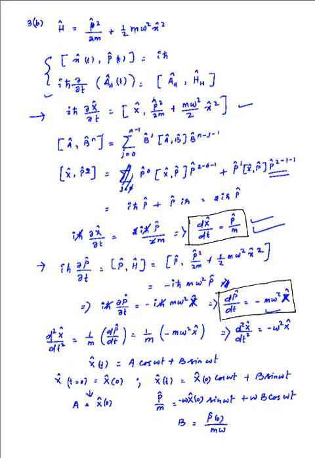So this is the Hamiltonian that has been provided, and we have to solve the equations for x at t and p at t, which is what I have tried here.